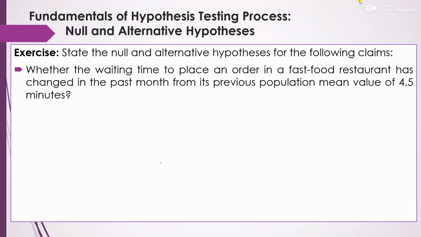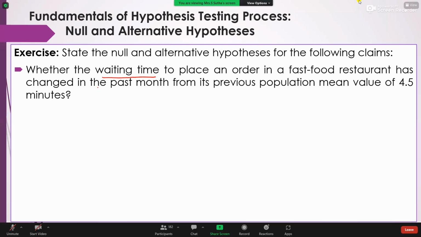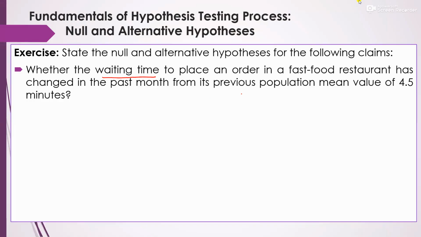Now here we are coming to the second exercise. Whether the waiting time to place an order in a fast food restaurant has changed in the past month from its previous population mean of 4.5 minutes.